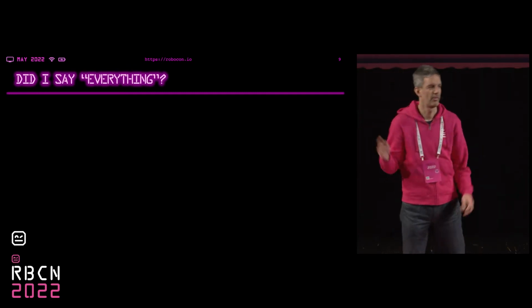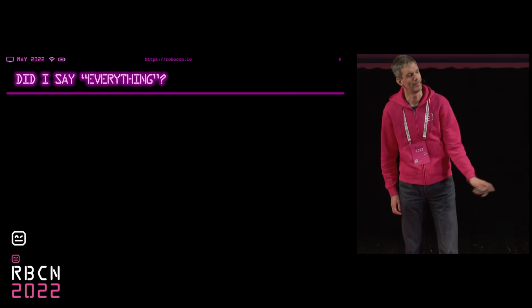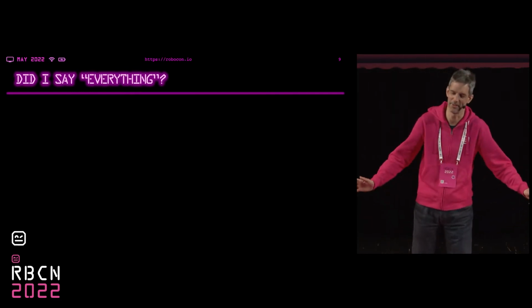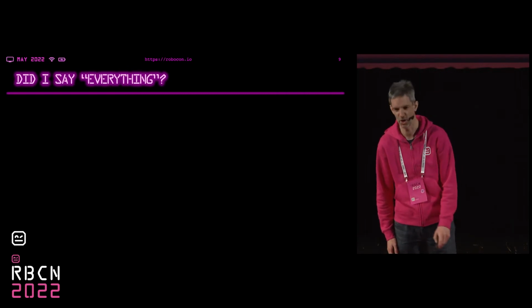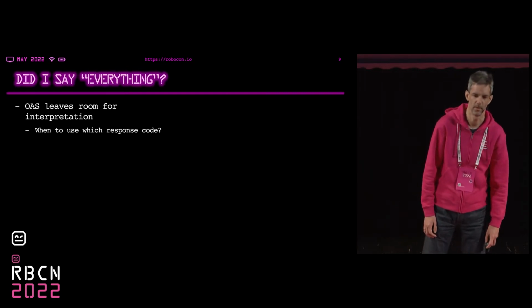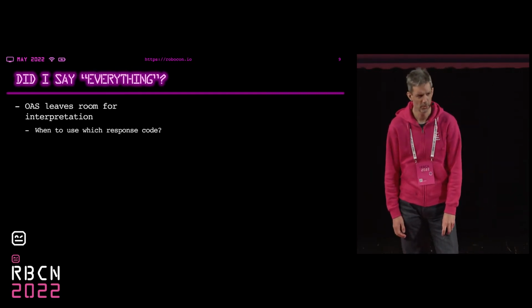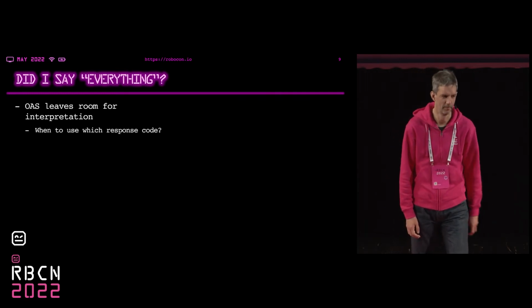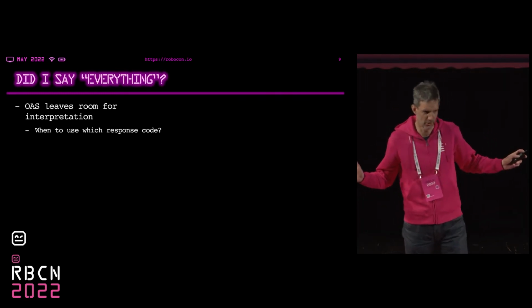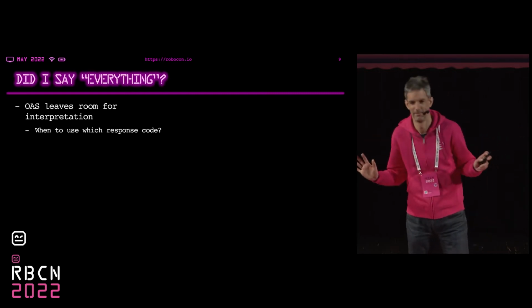So I just said everything you need to know is in that OpenAPI JSON. It would be so nice if that was entirely true, but it's not. Because there's room for interpretation there. Response codes for one. You can always send a 200 on everything you do.